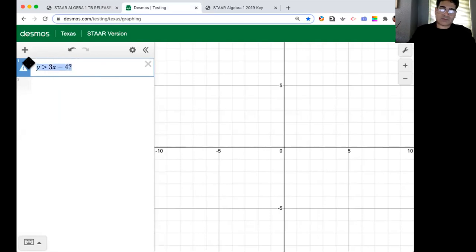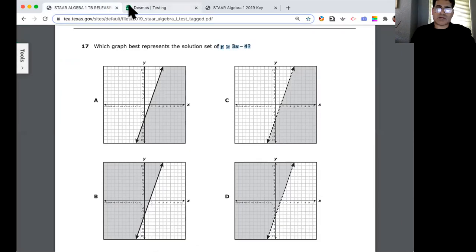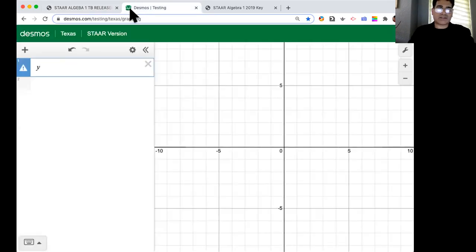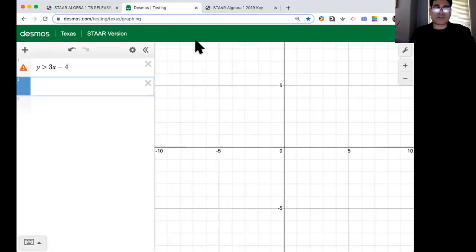Let's see. So y, we can try it. y is less than 3x minus 4. Okay.